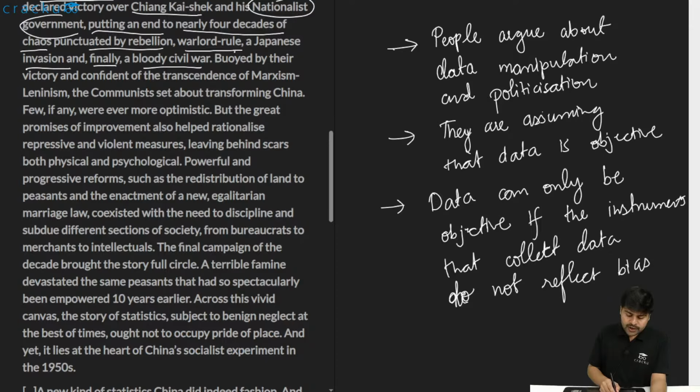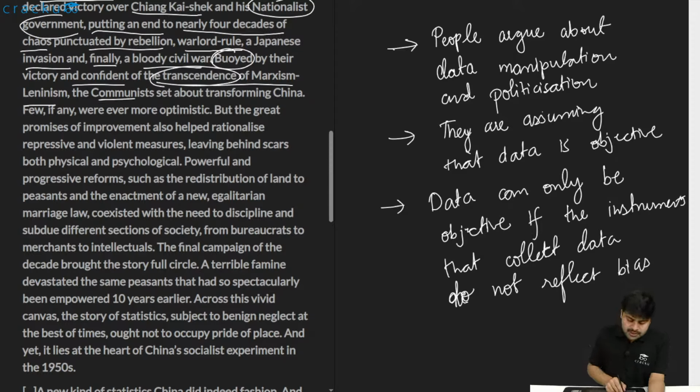Buoyed by their victory, buoyed as in buoyancy, we all know what buoyancy is, right? It is floating, something that floats. So buoyed by their victory, as in happy or excited by their victory, and confident of the transcendence of Marxism-Leninism, they were very confident that their philosophy represented a system of governance that transcended almost everything, that was better than almost everything.